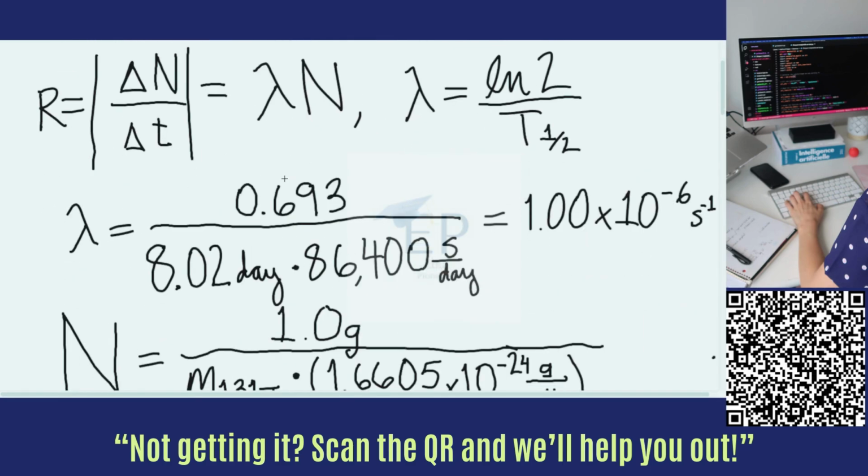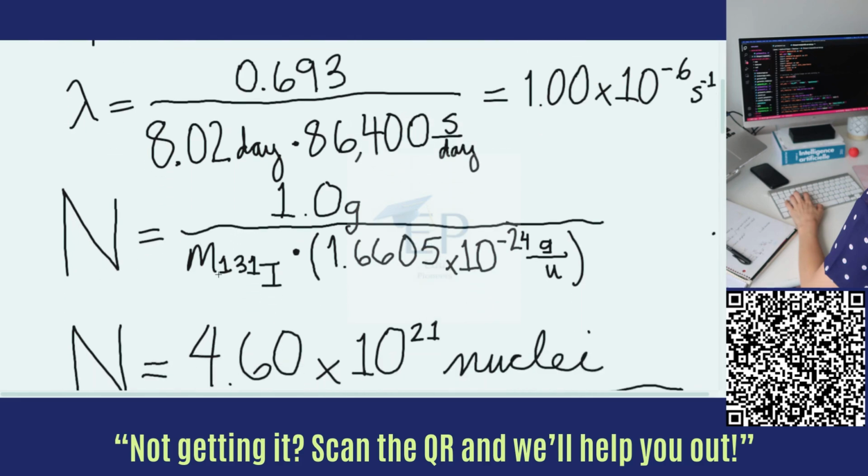We are told that the iodine-131 isotope has a half-life of 8.02 days. The relationship to find the decay constant from half-life is the natural logarithm of 2 over the half-life, and in our case, that's just over 8 days.